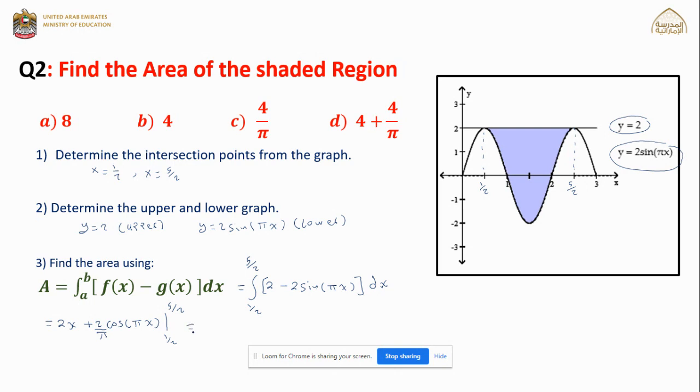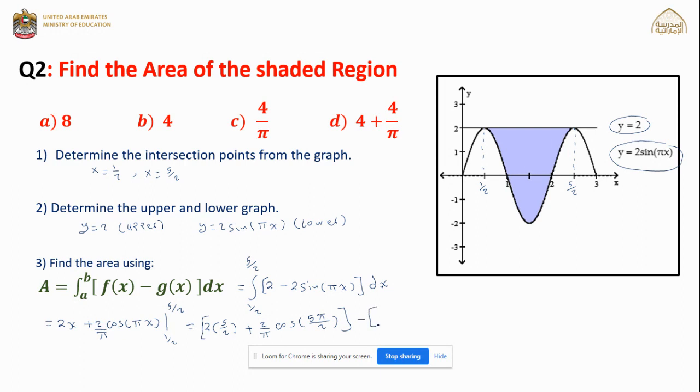After that, I will substitute the upper and lower borders. I will start from 5/2. So 2 times 5/2 plus 2 over pi cosine pi times 5/2 gives me 5/2. This is the upper one.